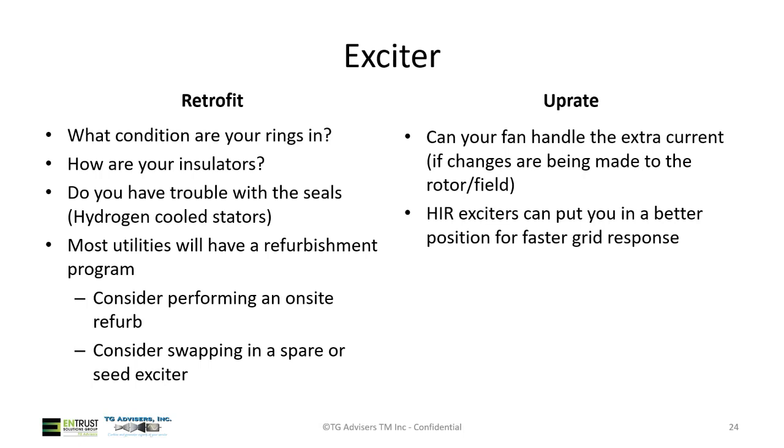So little things like that are good to include in this large scale work because you have the time to do it. Most utilities have a refurbishment program for their exciters. Like I just mentioned, this might be a good time to do that.